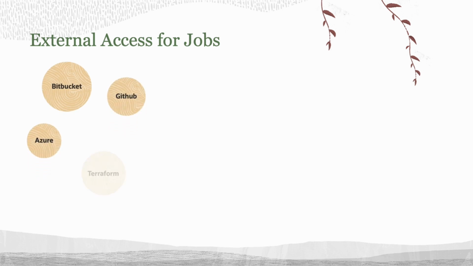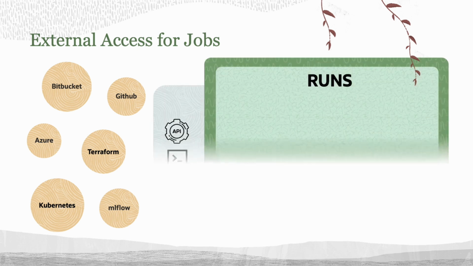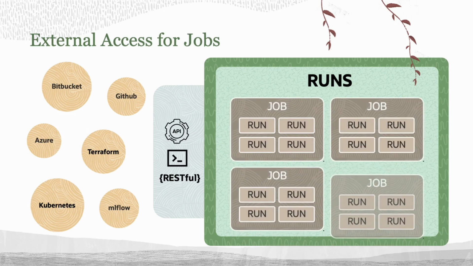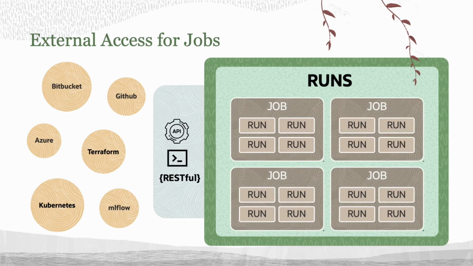You can run jobs from all possible third-party services, including your client machine, MLOps, Bitbucket, GitHub, or other CI/CD pipelines. You can create jobs and start job runs in the OCI console, but you can also create and run jobs with OCI CLI or several languages including Python, Java, JavaScript, Go, Ruby, or Terraform.